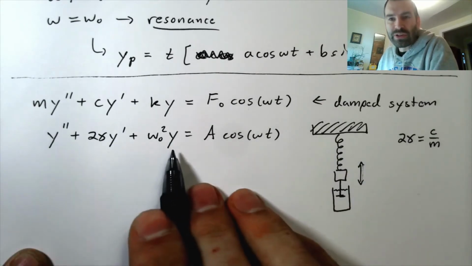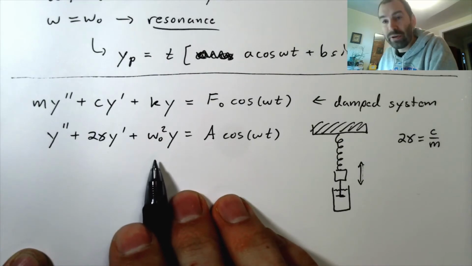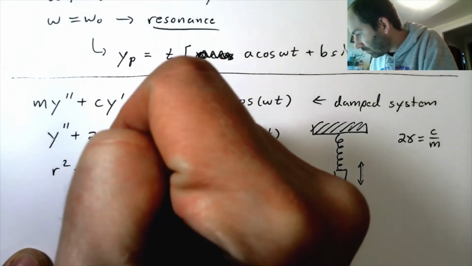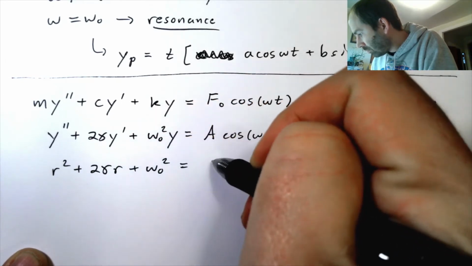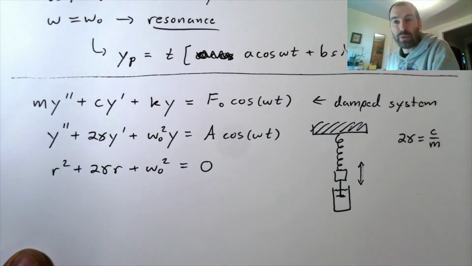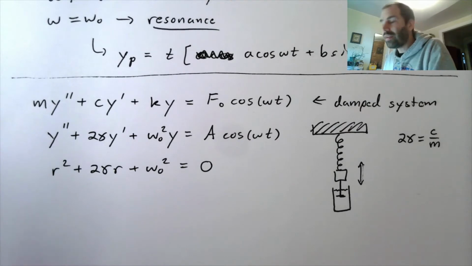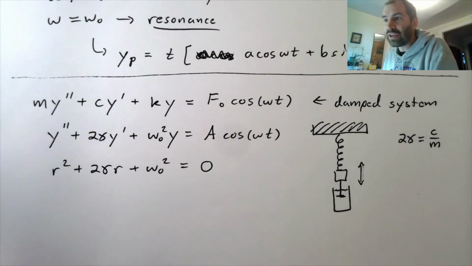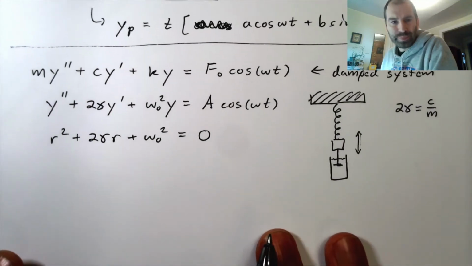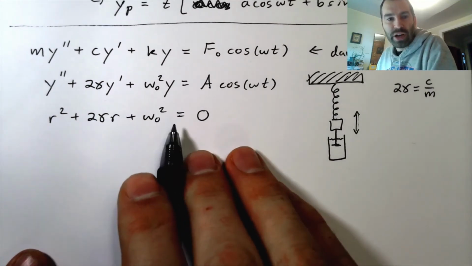Now, when you solve this differential equation, you look at the characteristic polynomial. The characteristic polynomial is this. And what we do is we find the solutions. Now, the solutions are given by the quadratic formula, right?